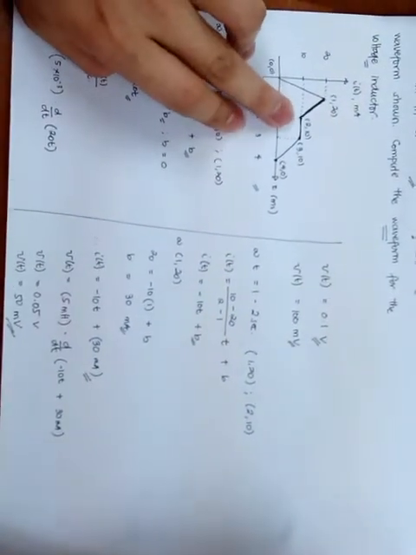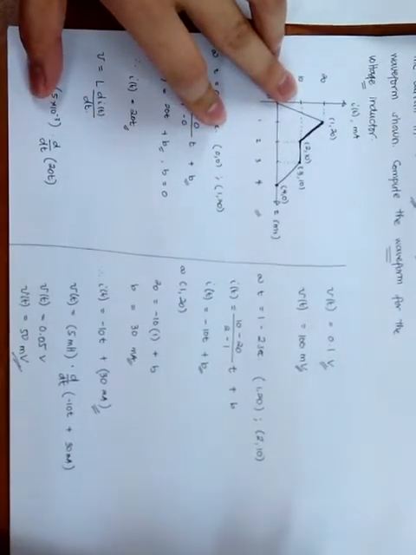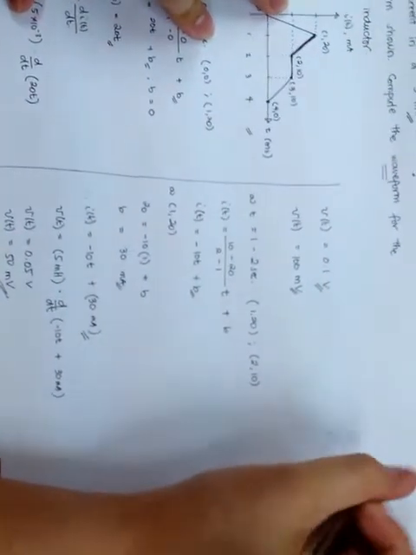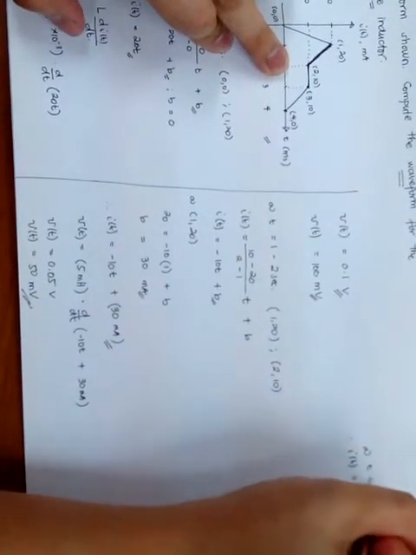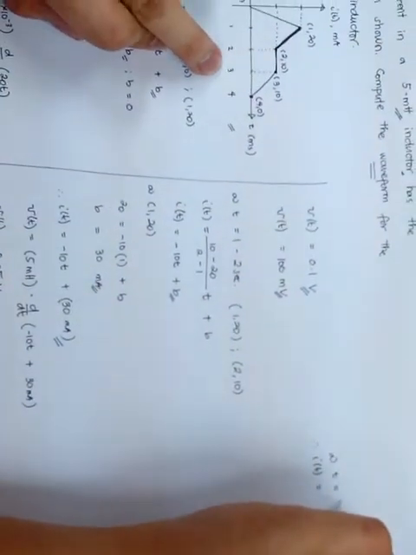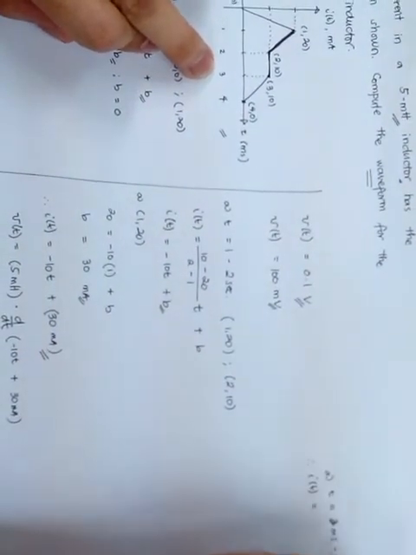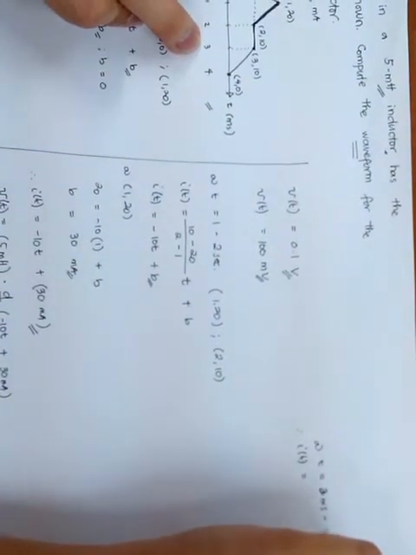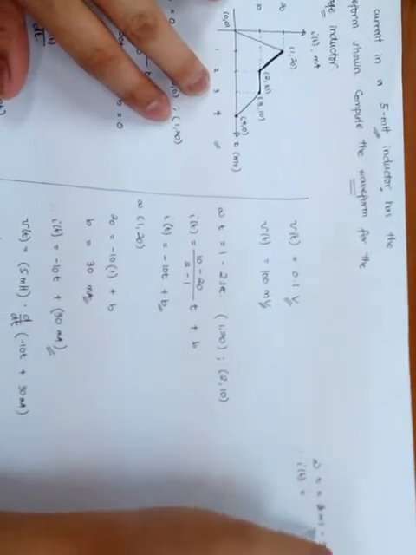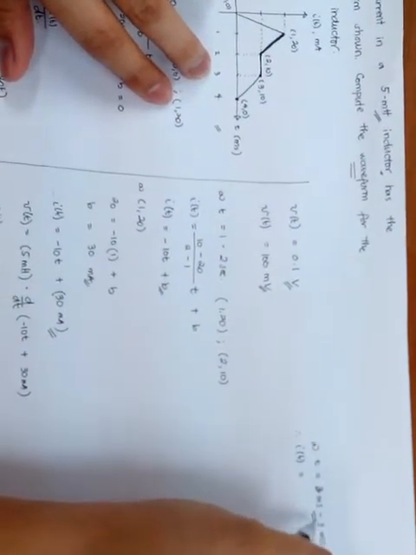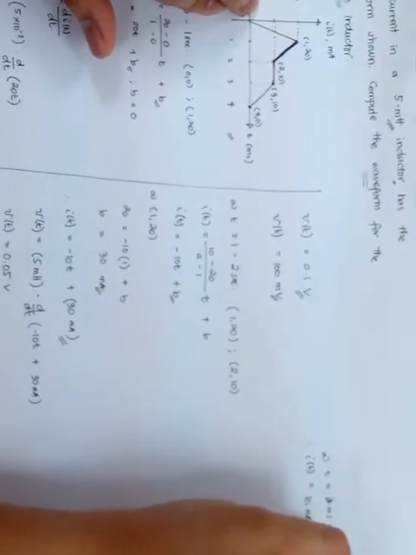And since we have a straight line referring to the 10 milliampere, that means the current at t equals 2 milliseconds up to 3 milliseconds, the equation for the current in this time interval is equal to 10 milliamperes.